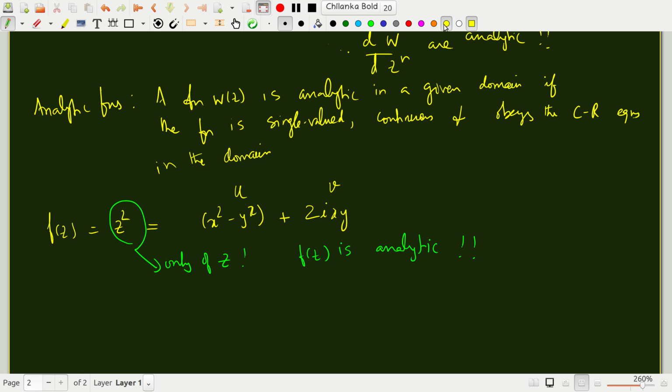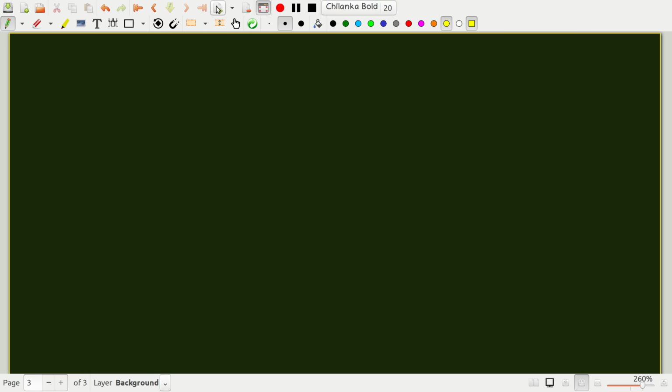Similarly, let's take another example. Let's take a second sheet. Suppose I give a function f of x y is cos y minus i sin y. I ask the question whether it is analytic. You can readily by inspection say that y is z minus z star by 2i.